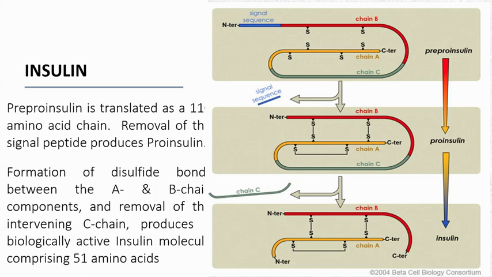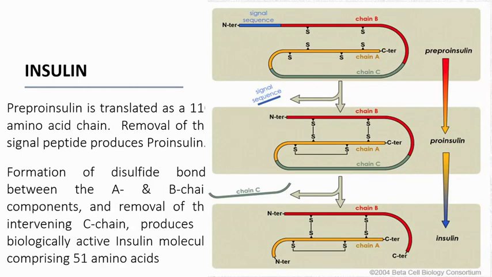Okay, and when we look at insulin, when it's formed from the messenger RNA, it contains 110 amino acids in the chain. But insulin on its own just has about 51, which means there are going to be a series of cleavages. If you look at the picture on your right side, you begin to see the process.